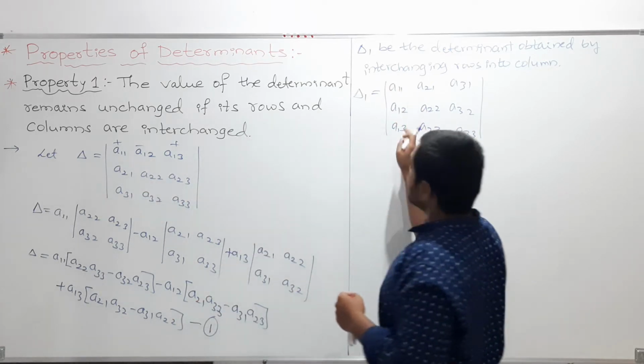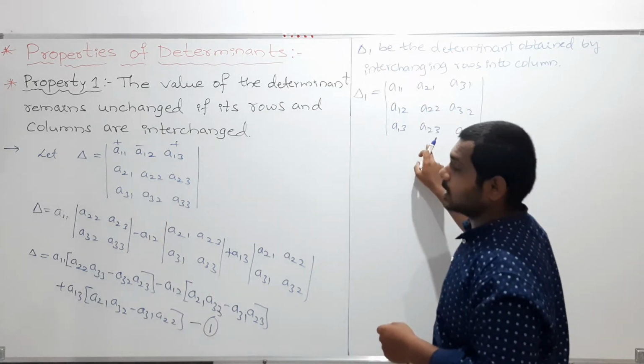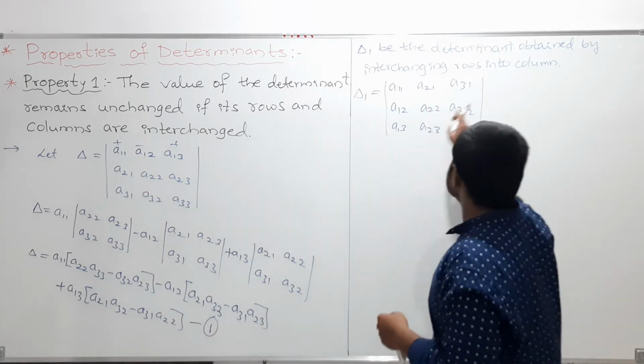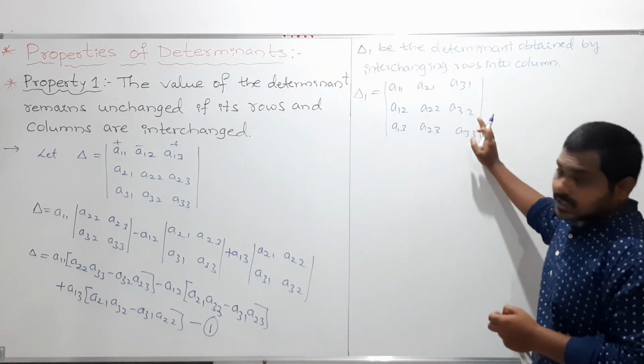First row I wrote here as the first column, second row as the second column, third row as the third column. Clear? So now I will solve this one.